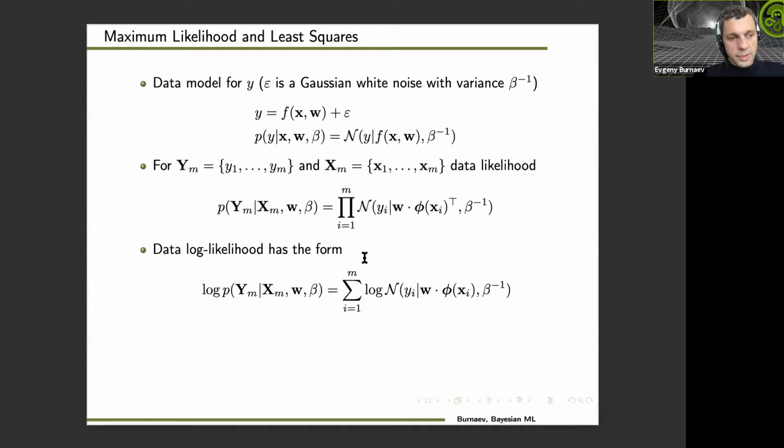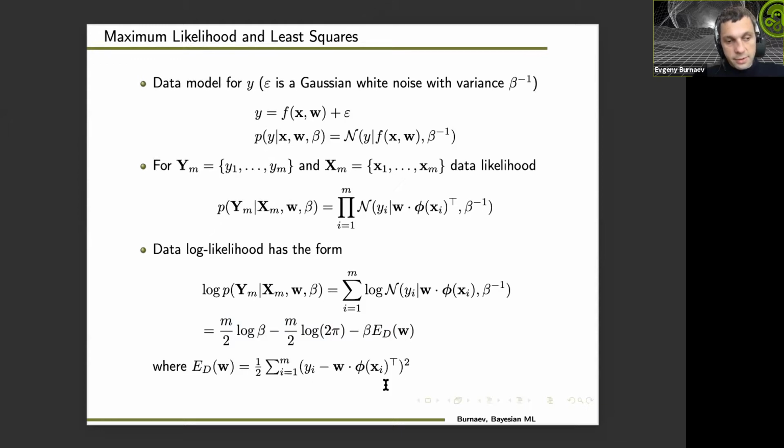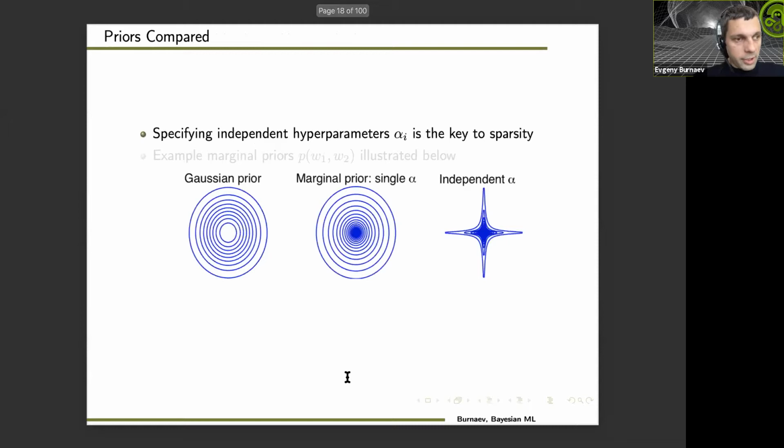And so the standard log likelihood is equal to the sum of Gaussian log likelihoods for individual observations. And this is what we discussed yesterday. This is the sum of squared residuals.